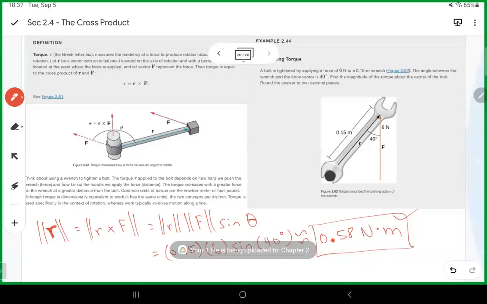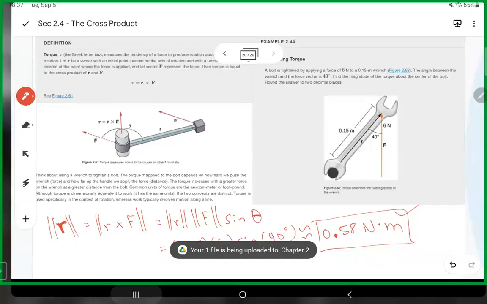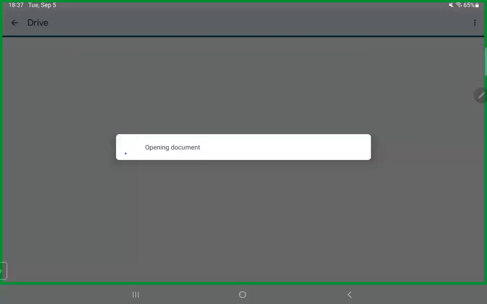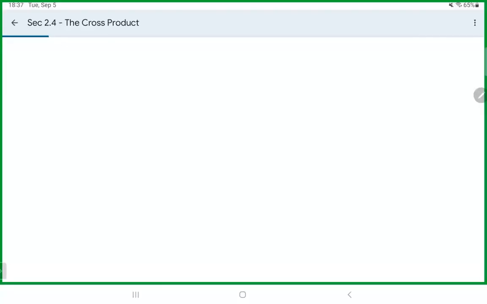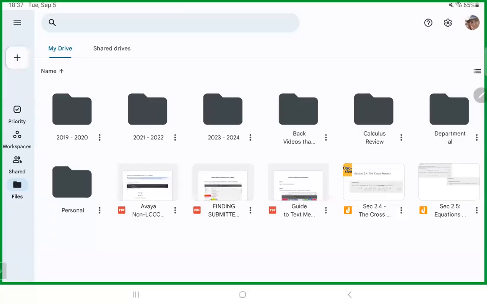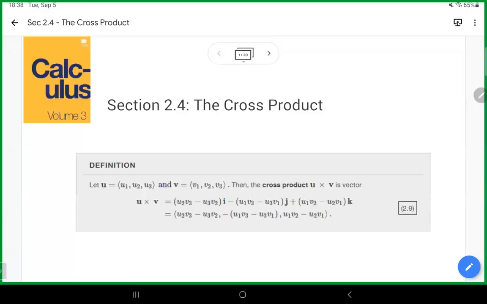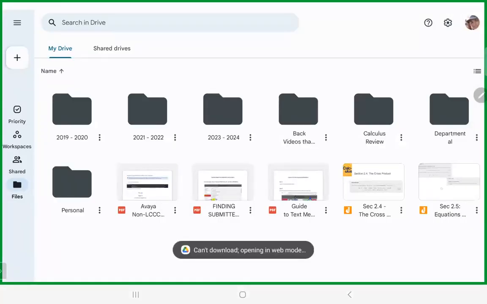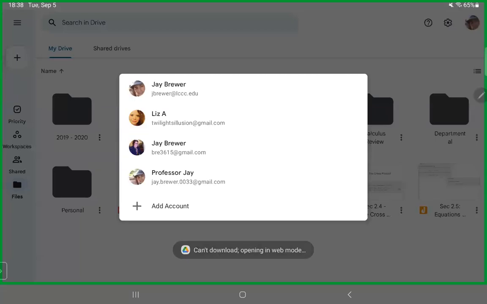Okay, and then let's go to the second one. So that was 2.4. Oh, nope, going to do 2.5 now. That's fine. You're ridiculous.